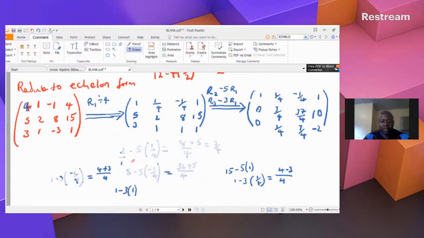And then after that example, we look at now how to solve system of linear equations by Gaussian elimination. Because Gaussian elimination is a method that we're using, reducing a matrix to echelon form. So we reduce a matrix to echelon form, and then after that, we solve that system of linear equations.